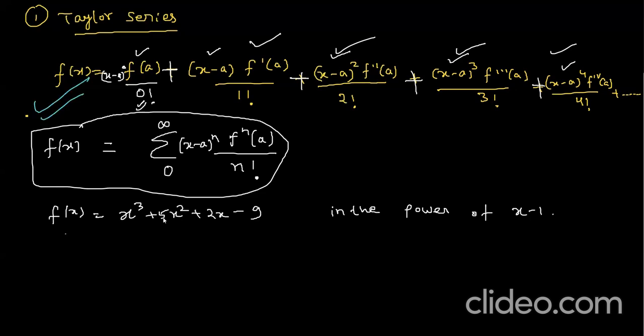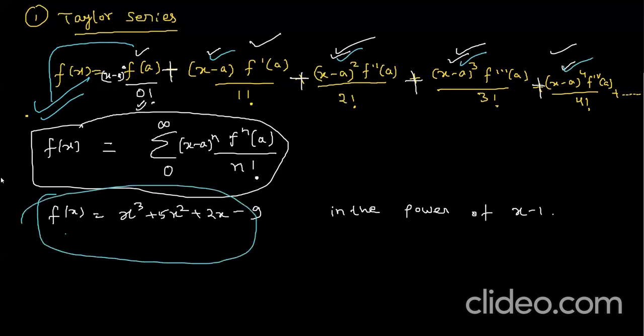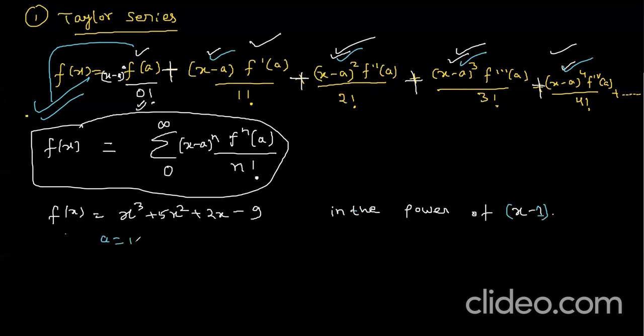Now you can see this series is in the power of x minus a, and you want to change this function in the power of x minus 1. So you can say a is equal to 1, understood?